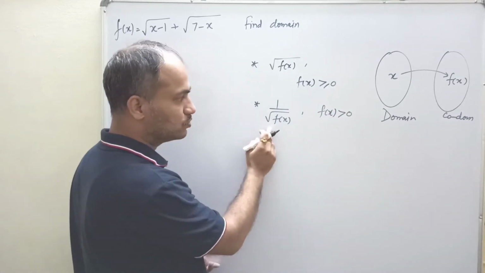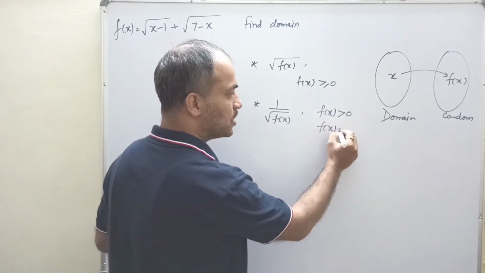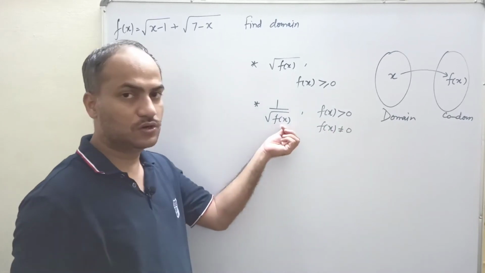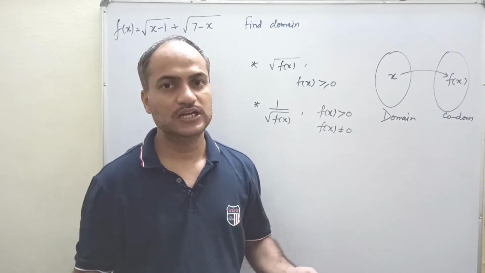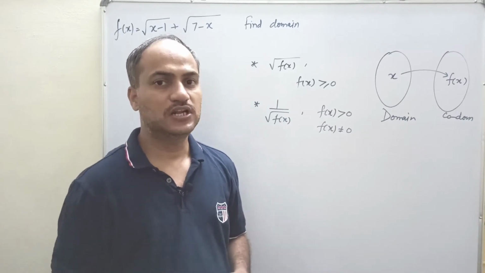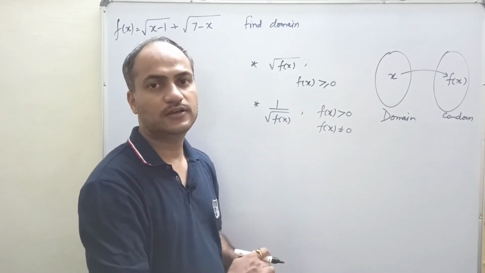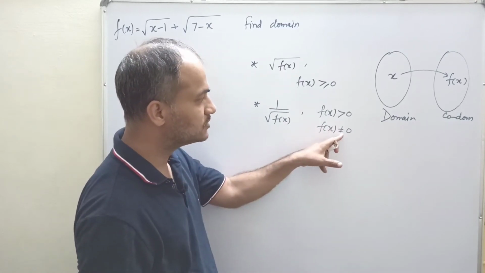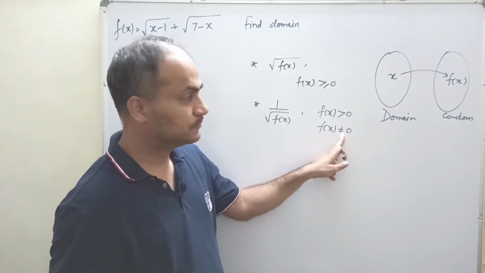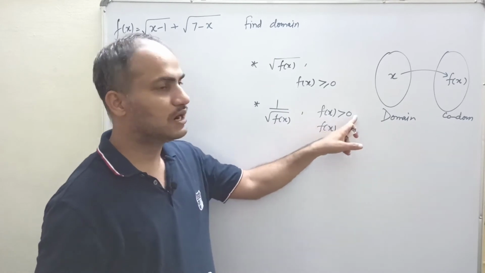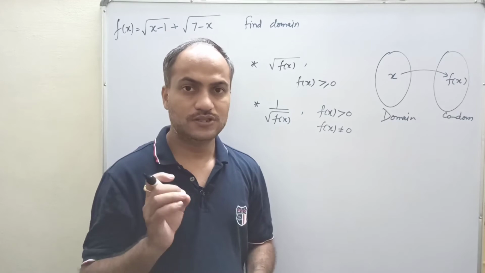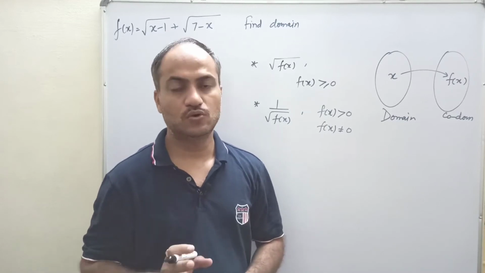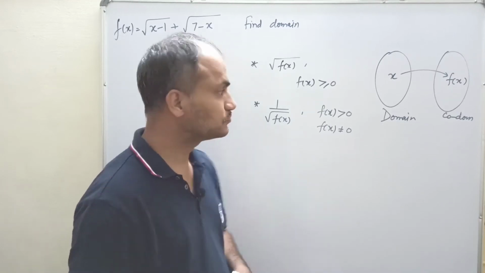Because of the root this value cannot be equal to 0, because if this is 0, then something upon 0 will become infinity, and that is the condition when this function will not be defined. So we will exclude the condition of equality here. Here we will use only greater than 0, and here we will use greater than or equal to 0. This is the trick which you should keep in your mind.